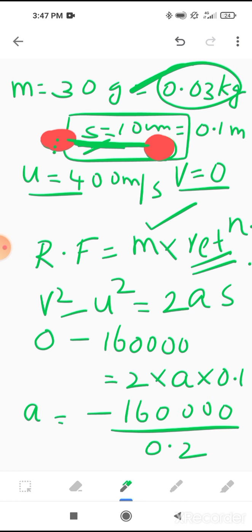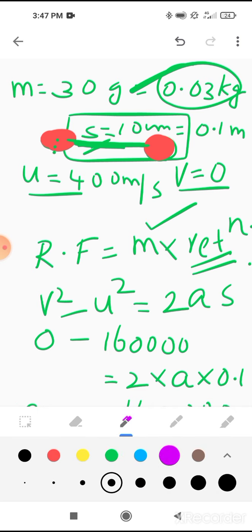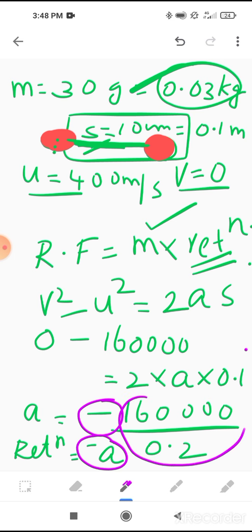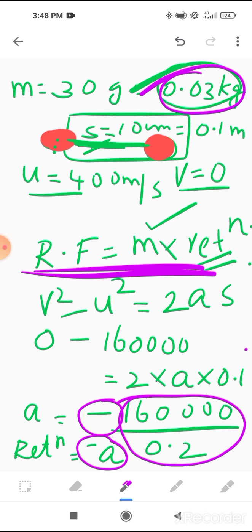So this is the acceleration. So how will you get retardation? Retardation is minus acceleration, so if you just change this minus sign, it becomes the retardation. So you got the retardation. This is the retardation value. Multiply it with the mass, then you will get the retarding force.